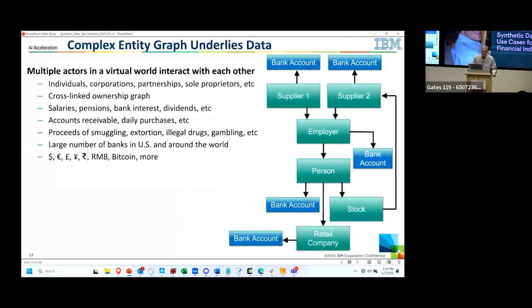So how do we do this more specifically? We start out with this entity graph, and this is, of course, a very simplified example, but say you start with this person box in green towards the lower bottom middle. This person has a bank account. They also shop at some particular retail company. That retail company also has a bank account.